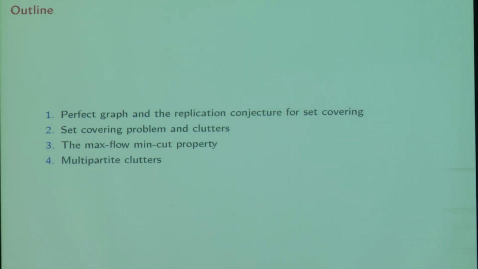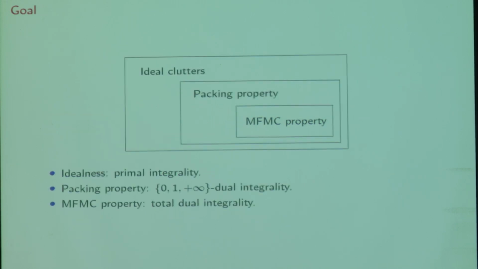Many of you already know the max flow min cut theorem for min cut s-t path problems, and the max flow min cut property is nothing but total dual integrality in the context of the set covering problem. I'll briefly mention what it is, and the last part is about our contributions.